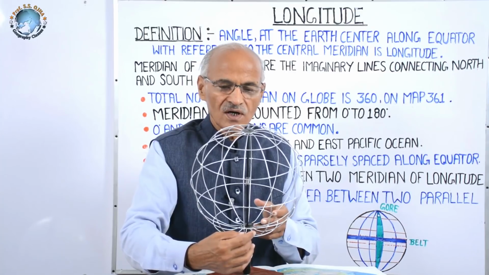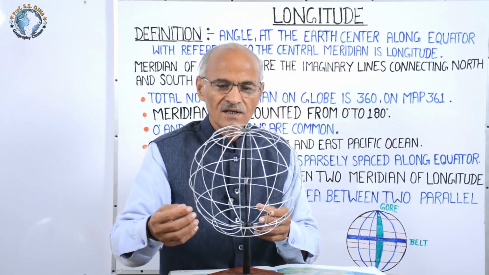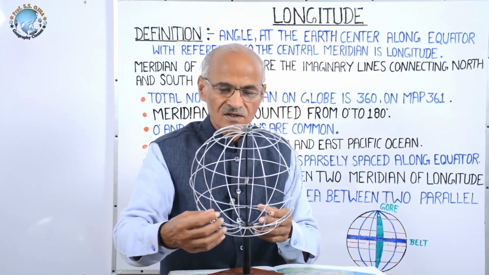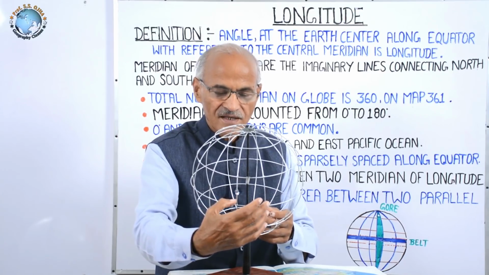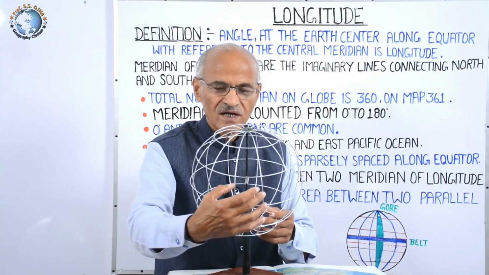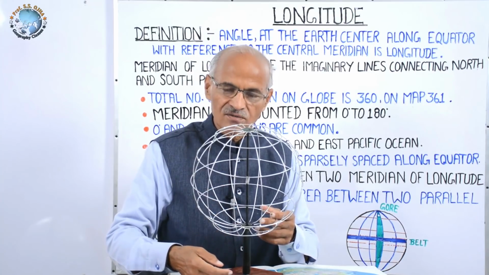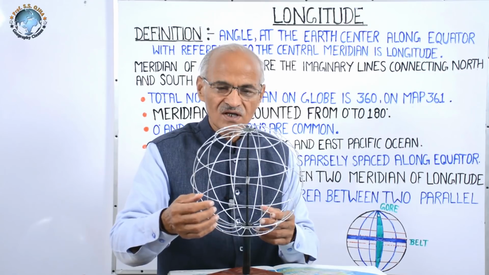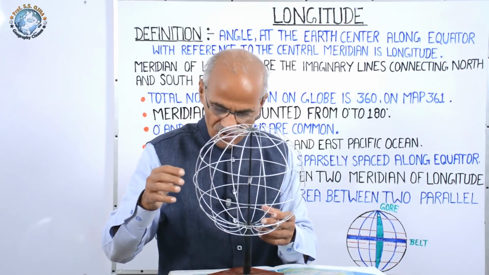Now you are understanding the shape of this Gore. It may be a part of an orange, meaning the width of the Gore in the equatorial region is very wide. But as the two meridians go towards the north and south pole, the width between them decreases, because all the meridians meet at the two poles.